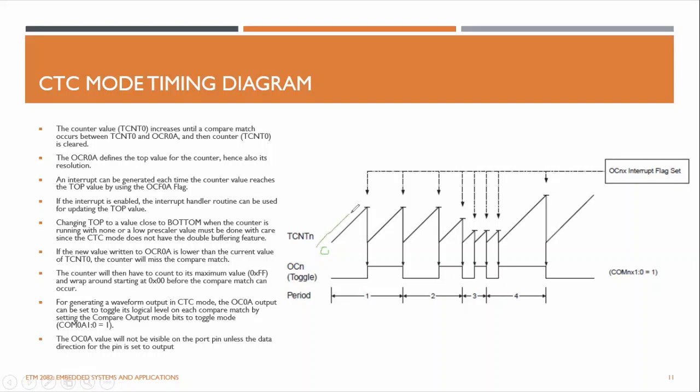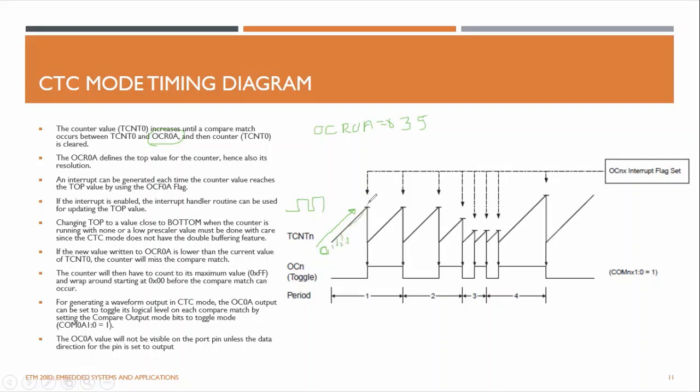And once it reaches the value of OCR0A, the preset value of the other register, let's say OCR0A is written to 35, your TCNT, the timer 0, is counting for every clock pulse, updating its value like 1, 2, 3, 4.